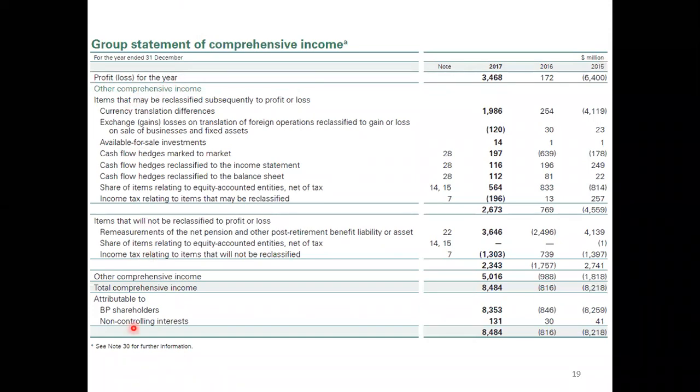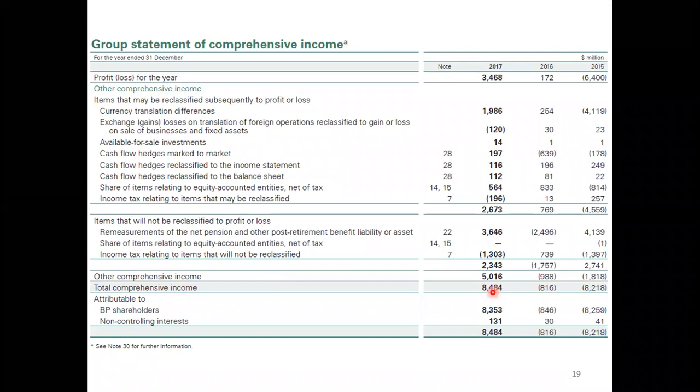And in this statement, other comprehensive income items are listed, which do not belong to the normal course of business. Finally, total comprehensive income equals other comprehensive income plus profit for the year.